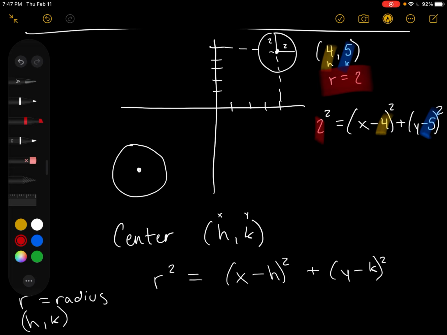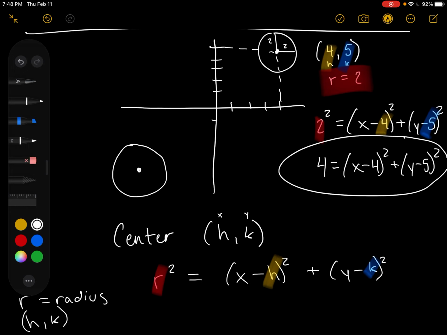And again, we used this equation: r, h, and k. So as long as you have those things, you have your equation. So to simplify this further, 4 equals x minus 4 all squared plus y minus 5 all squared.